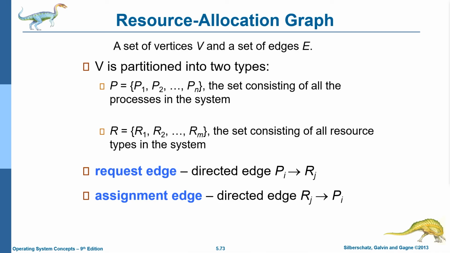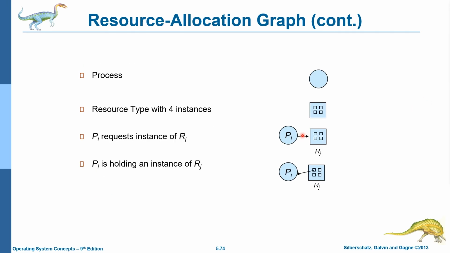If P has been granted that resource, then there will be an edge from that resource to P. So if we want to take a look at our visual elements, we have a process represented as a vertex in a circle, a resource with 4 instances in this case, meaning there's a capacity 4, so a semaphore maybe with starting value 4.